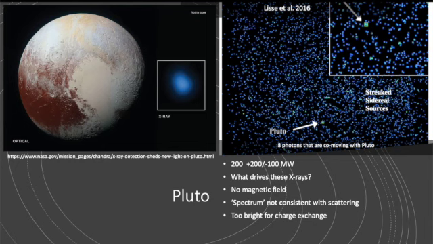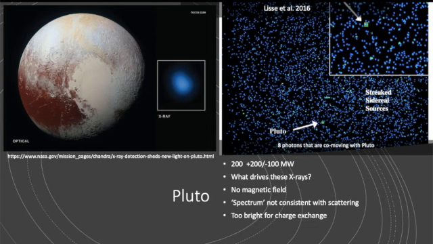This corresponds to about 200 megawatts, and that is a surprisingly large number. Comets, for example, which have similar gas production rates as Pluto, are between 100 and 1,000 megawatts. So here you have Pluto at the edge of our solar system, which is as bright as some of the fainter comets that we observe at about 1 AU. So what drives these X-rays? Pluto does not have a magnetic field.